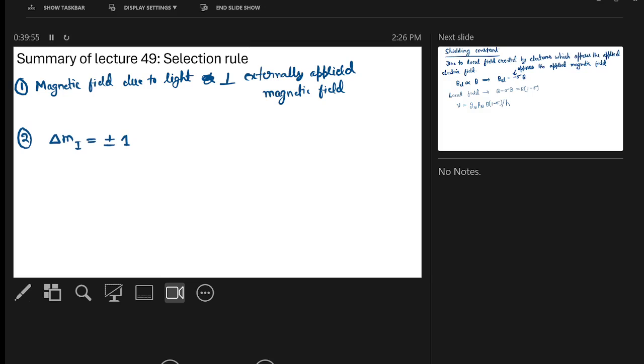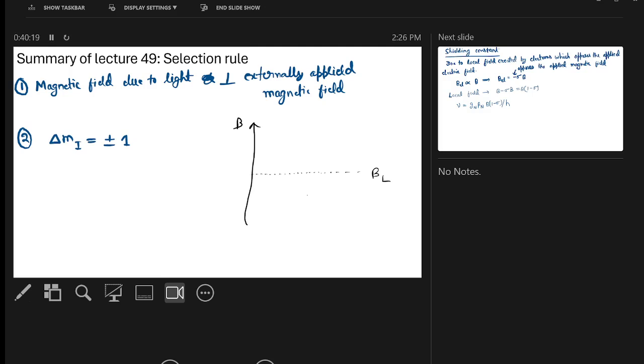We discussed this in the lecture, but I will still explain a bit. Let's say this is your applied magnetic field B, and this is BL, the magnetic field of the light. Both will be perpendicular.